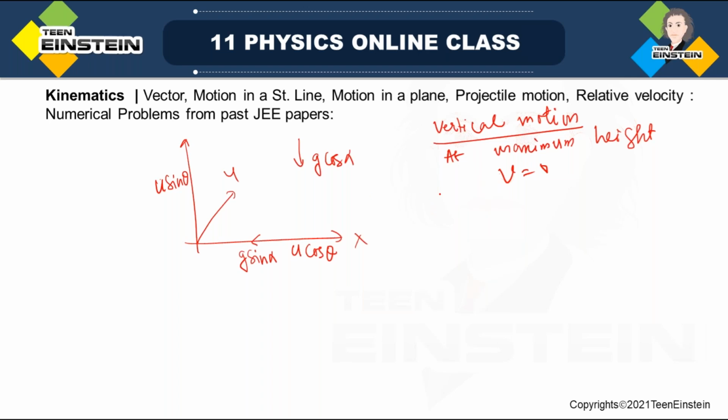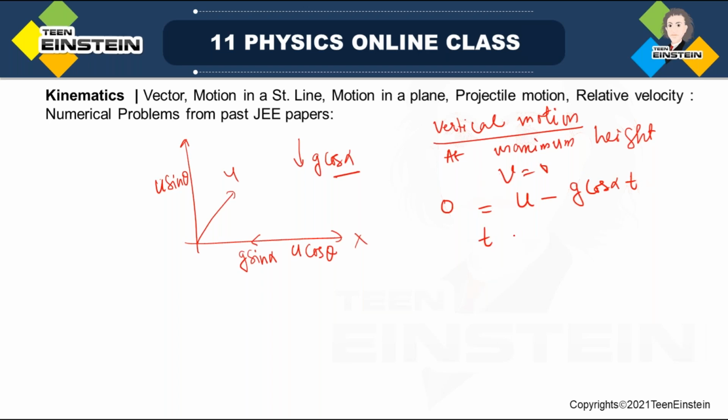So by doing that we can find out 0 is equal to u minus g, here g is g cos alpha, into t, so this is equal to 0.